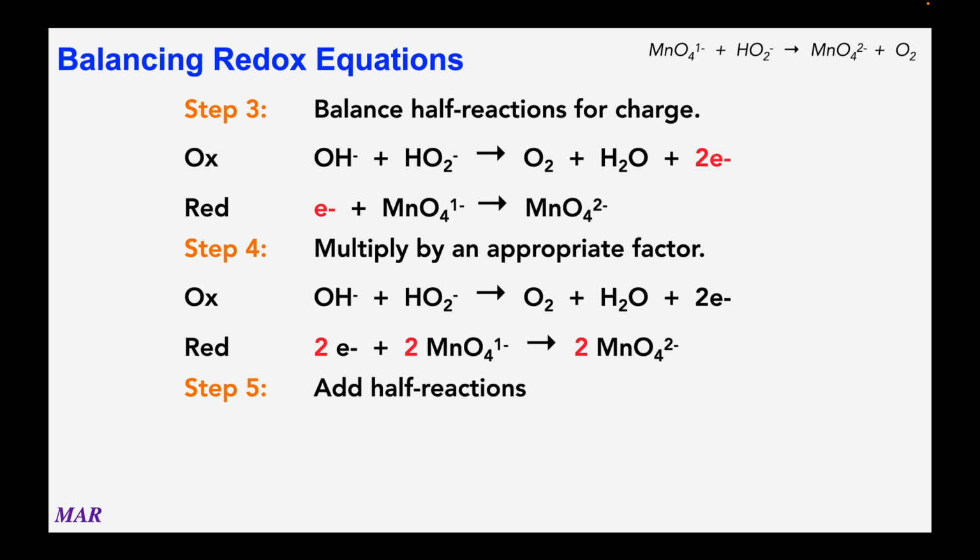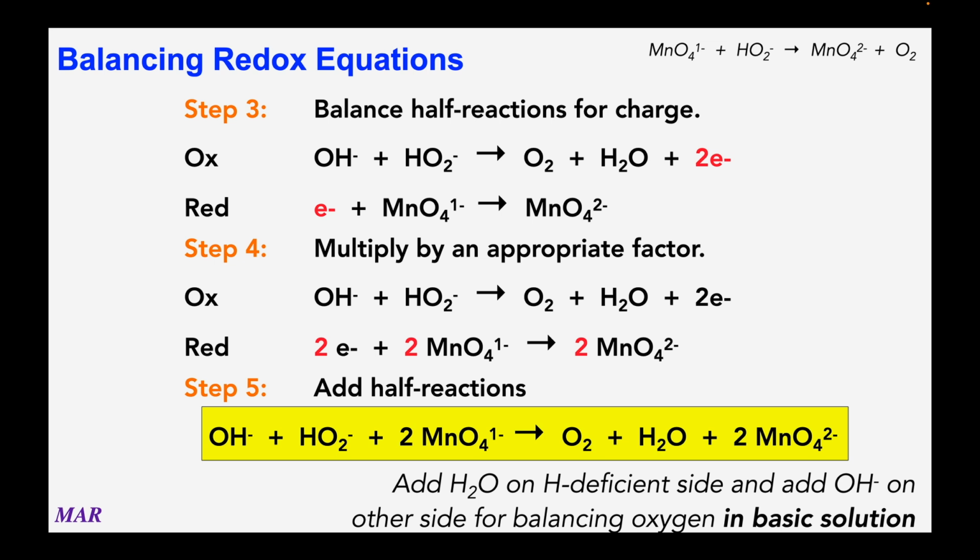That's just to make the electrons cancel out. So when all is said and done, you add those half reactions together, and the electrons will cancel out. You don't want to show them. This is what you're going to end with: peroxide, the HO2 minus, plus hydroxide plus 2 permanganate makes oxygen plus water plus 2 manganate. And this is how things flow in basic solutions.